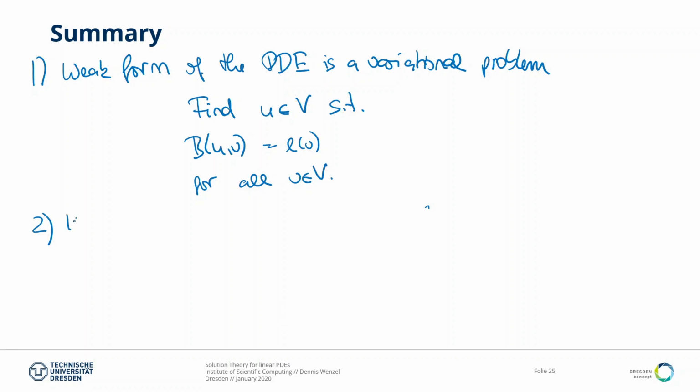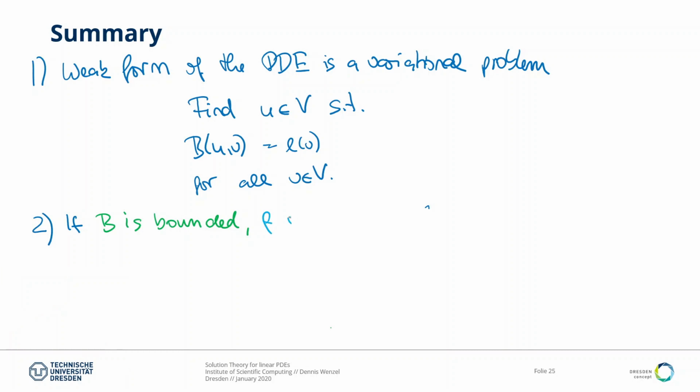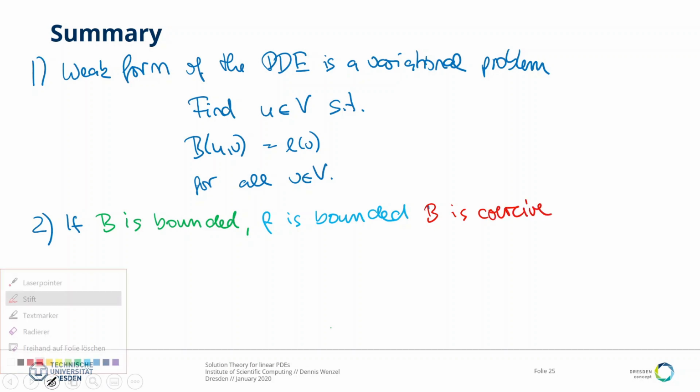So, and let's use some colors here now, if B is bounded, then if F is bounded, and if also B is coercive, if all those three properties are true, there exists a unique solution.